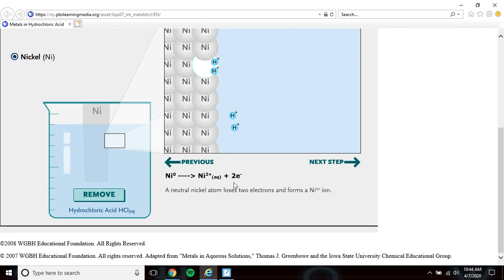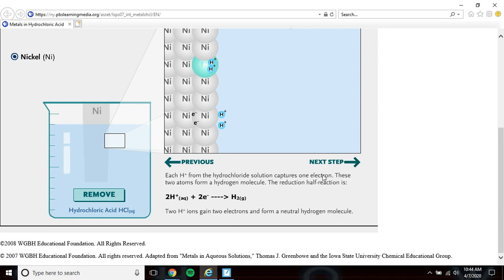This can be written as follows: Ni0 goes to Ni2+ plus 2 electrons. When electrons are lost from one atom, they must be gained by another. So what gained the electrons? Let's go to next and show you that 2H+ gained 2 electrons.